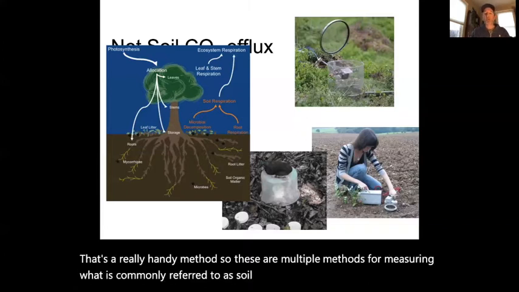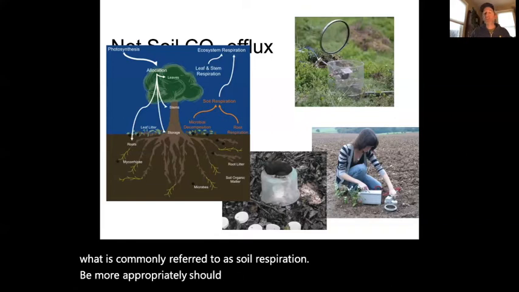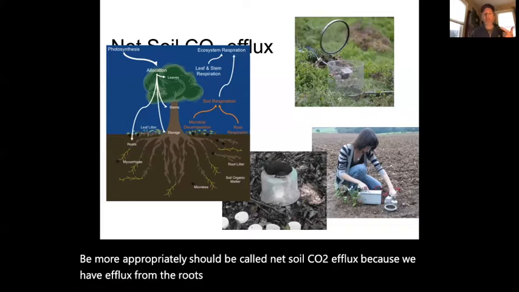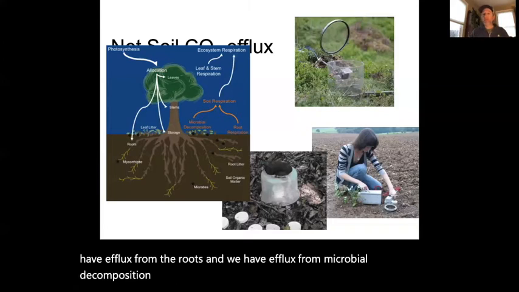Probably more appropriately, it should be called net soil CO2 efflux, because we have efflux from the roots and we have efflux from microbial decomposition, and they're paired together. So you're not just seeing decomposition of organic residue resulting in carbon flux.